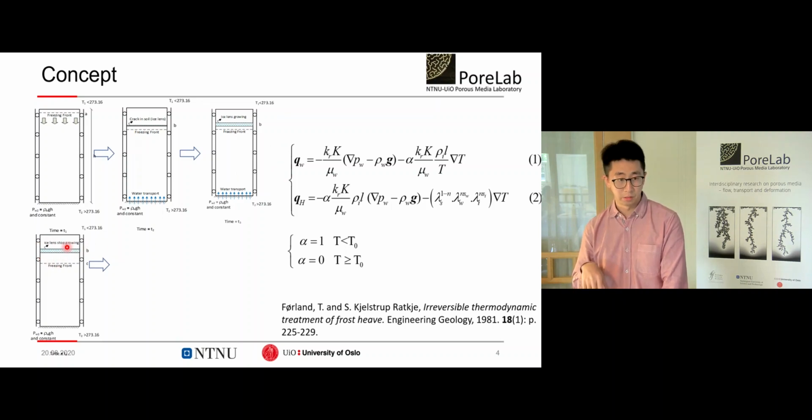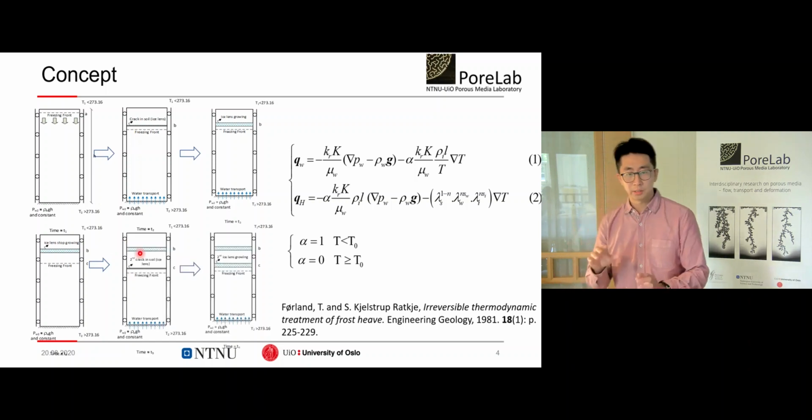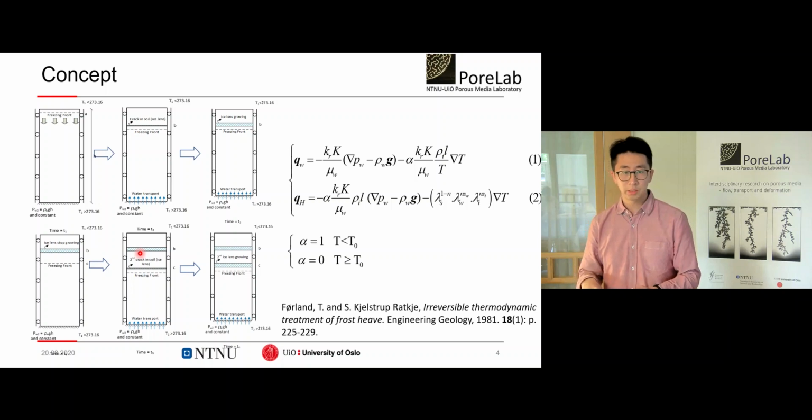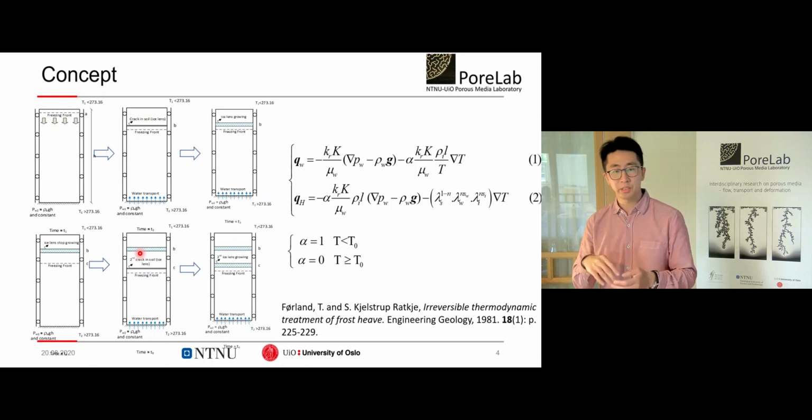Then, consequently, the ice-lens will stop growing, and as the freezing front keeps moving downward, at some point the three requirements, temperature and enough free water, and the mechanical condition for initiating a new ice-lens coincide again. Then another ice-lens will appear and start growing. Then the ice-lens formation cycle will happen again and again.